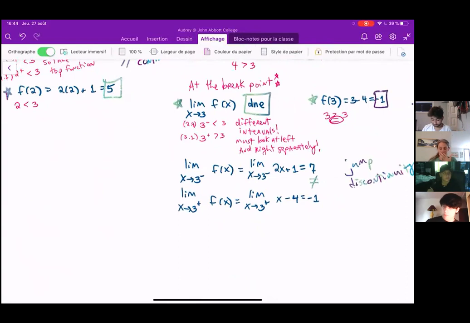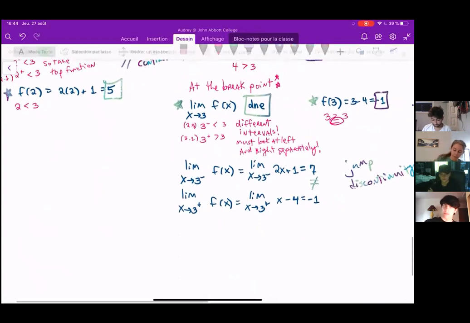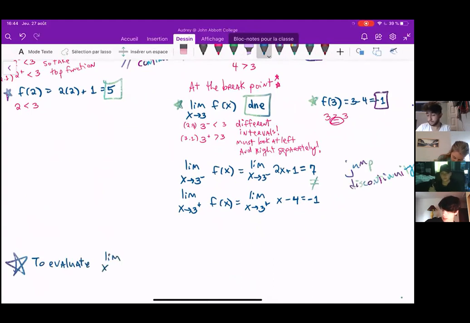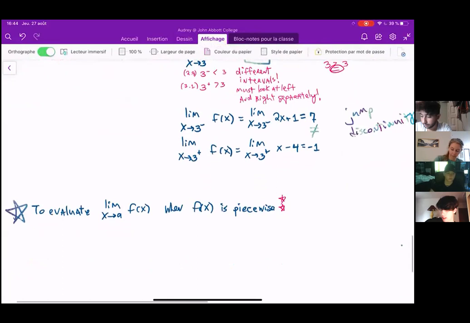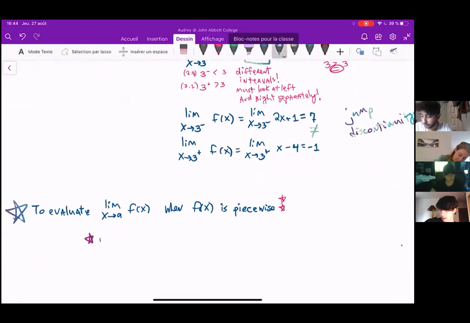Okay, so let's just take a second to summarize what we did here. To evaluate piecewise functions, we kind of have 2 different things going on here. The first is if that a value is not a breakpoint.